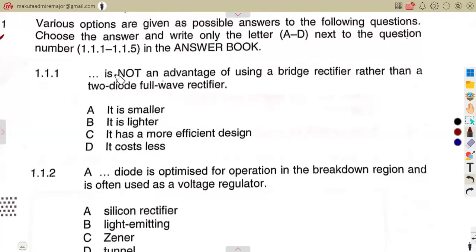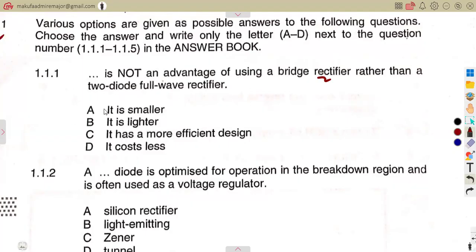So they were given: which is not an advantage of using a bridge rectifier, meaning that is not part of a bridge rectifier, rather than a 2-diode full rectifier.